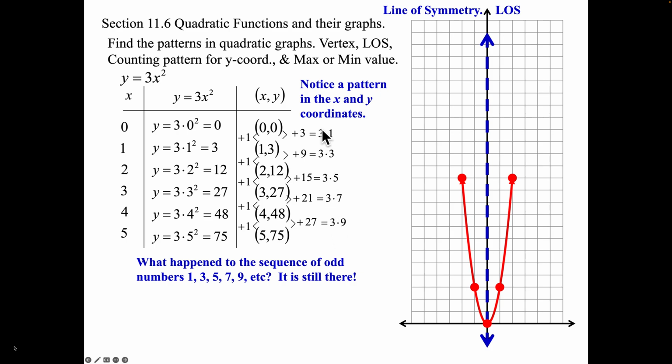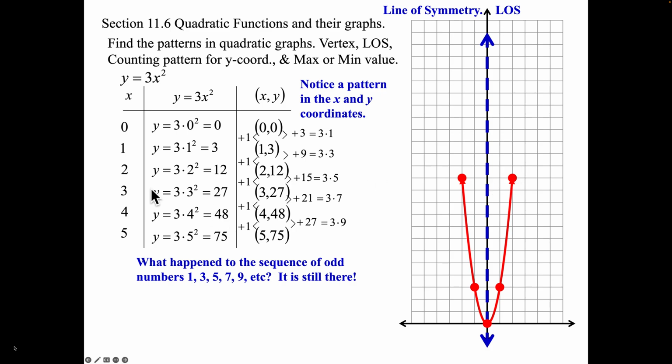And where did that 3 come from? Right here. That's the a in front of the x squared. When we did all our quadratic formulas, there was that ax squared plus bx plus c. This number always gets multiplied to your 1, 3, 5, 7, 9 pattern to determine how fast you are increasing with your points.